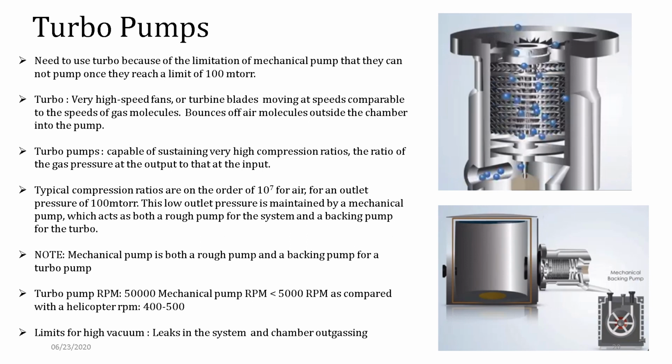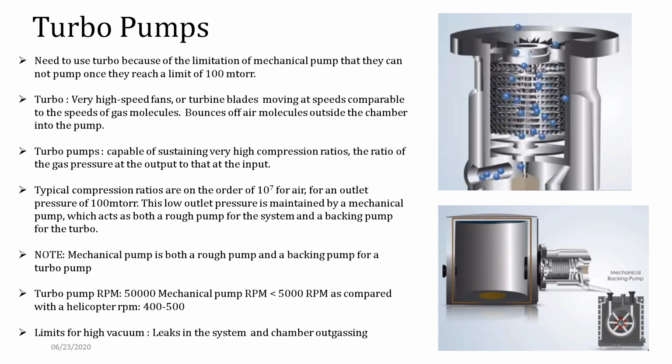Turbo pumps are very heavily used in deposition systems and also in etching systems. We use a turbo pump because a mechanical pump has a limitation. It can only go to a certain limit, say 100 millitorr. In a turbo pump, we have high-speed fans rotating like turbine blades, and the speeds at which they move are comparable to the speeds of the gas molecules.